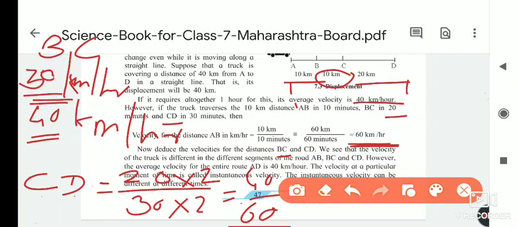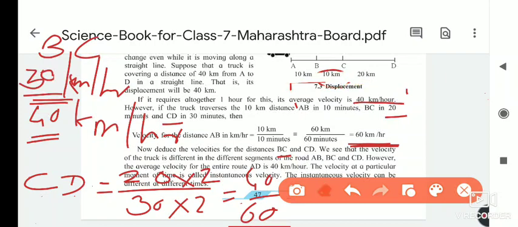The meaning of it is that in 1 hour the vehicle covers a distance of 40 kilometer. Okay, this is the meaning. If you see here in AB, BC, CD and AD, at all these 4 places, every time the velocity is changing, and that changing velocity you can notice here.